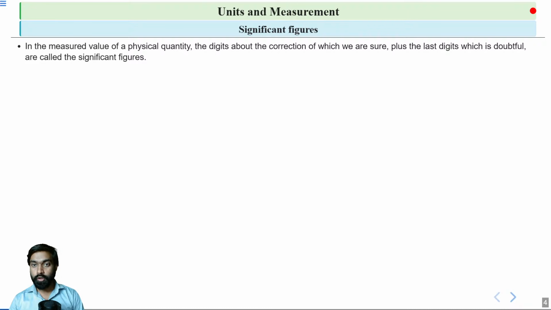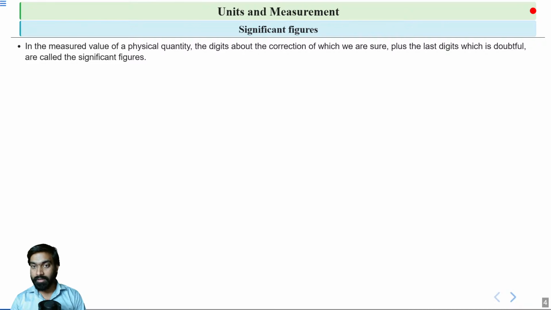In this measurement, 2 and 5 are absolutely certain. We are completely sure about them. However, we are not entirely sure about the last digit 3. It is possible that the actual measurement might be 25.2 centimeter or 25.4 centimeter, but our eyes estimated it as 25.3 centimeter. So the reliable digits 2 and 5 and the doubtful digit 3 combine to give a total of 3 significant figures.